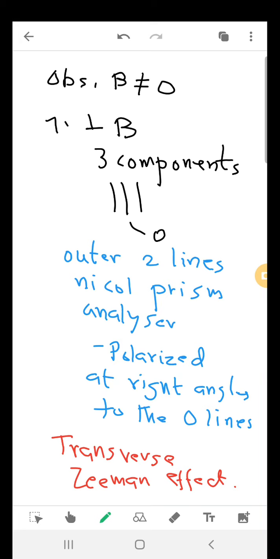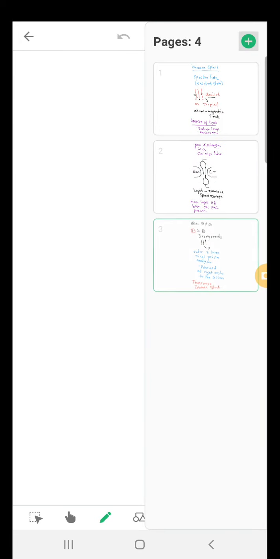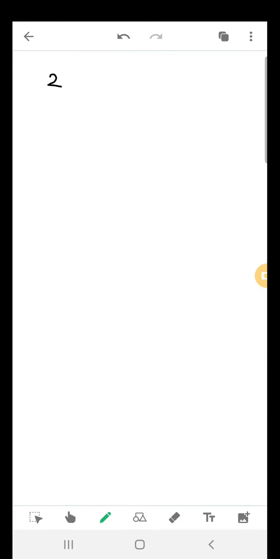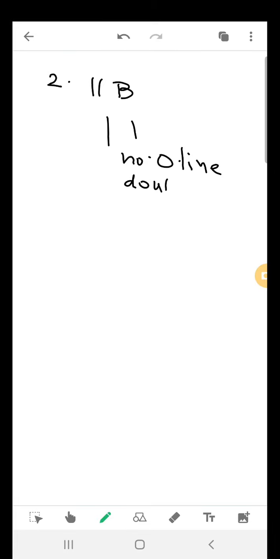This is observation number 1. Another observation, number 2, is when we are observing the light parallel to the magnetic field direction. In this case we get a doublet, which means only two lines and no original line.